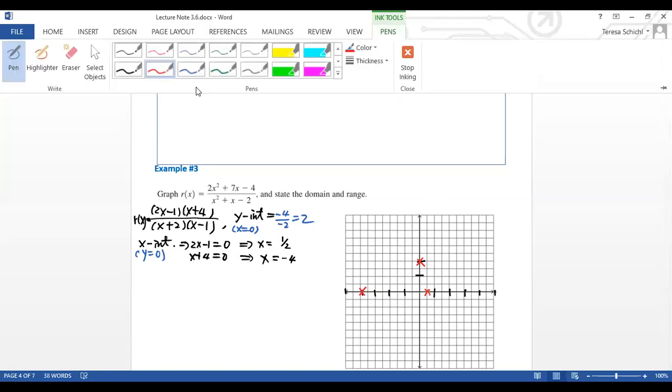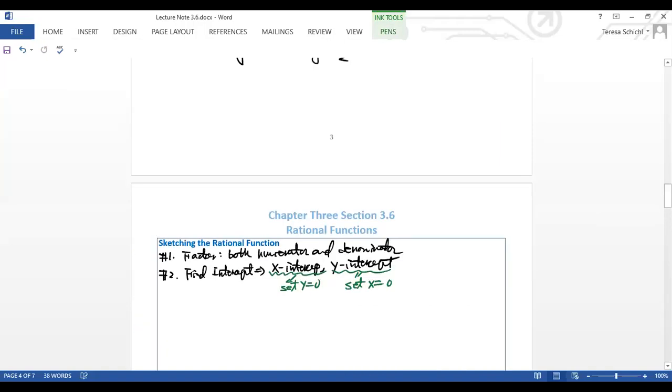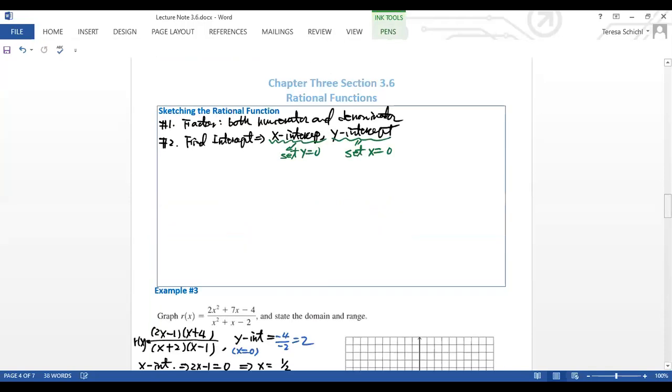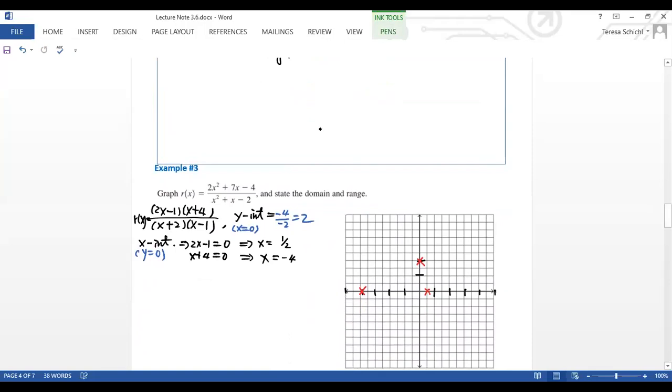Now let's take a look at the vertical asymptotes. Step number 3 is to find the vertical asymptotes. Remember what we just defined: the vertical asymptotes are the x values that make the denominator equal to 0.